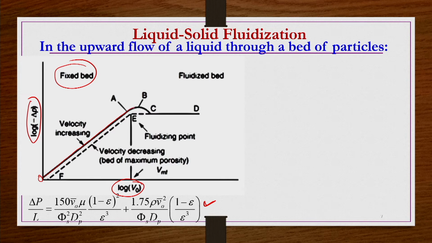The slope will start diminishing and then the maximum pressure will be attained at point B. Further, if you increase the velocity of the liquid, particles move away from each other, and they will be under expanded fluidized conditions, and the drag force is balanced by the buoyant weight of the bed until point C, where the pressure drop decreases slightly from point B. Okay, this decrement is usually very small and very difficult to trace experimentally.